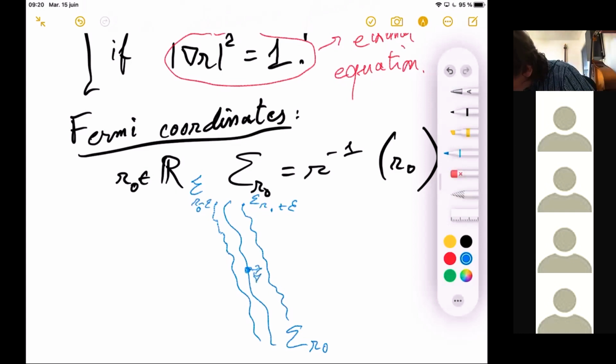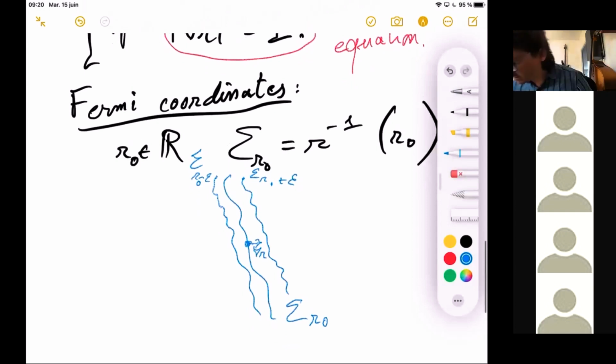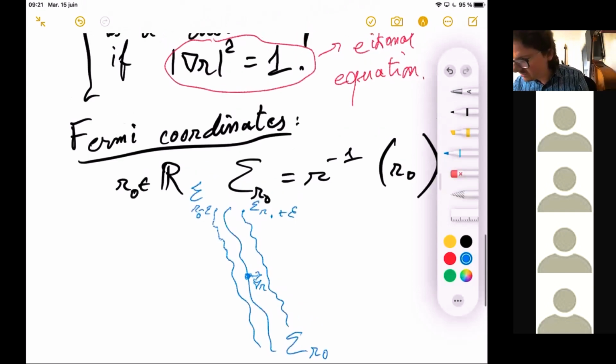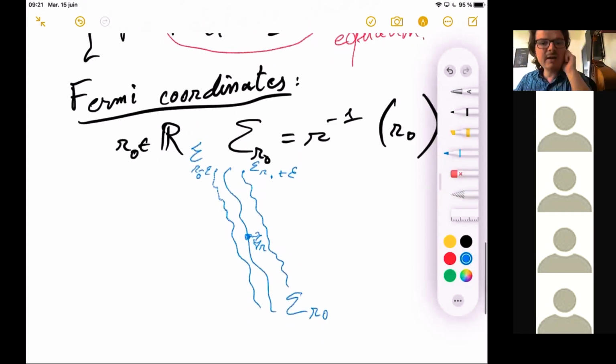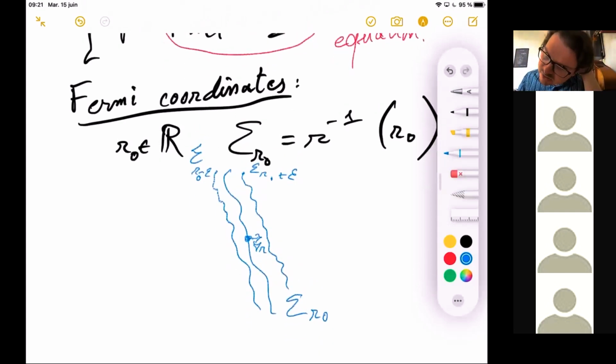And so the gradient of r here is just the normal field, and it is unit because of the condition on r. So it's just the unit normal to those hypersurfaces.